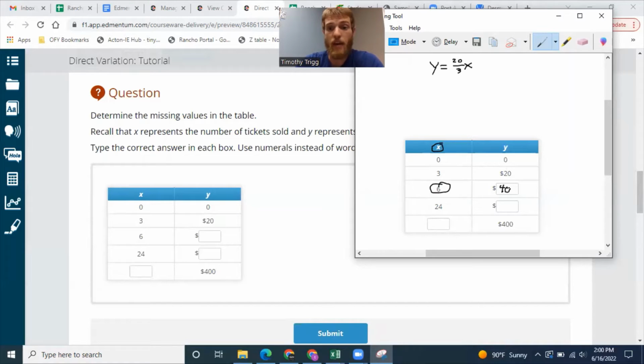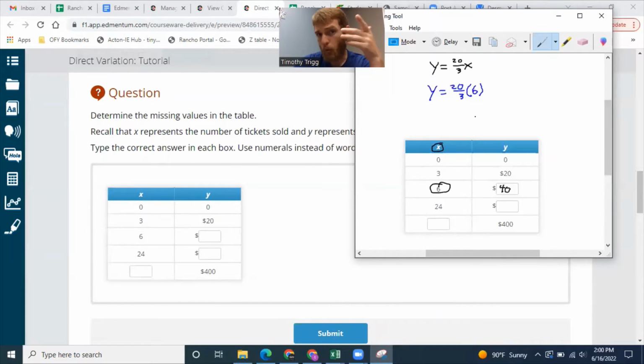And then it'll help us find the value of y. Now, we already know it's 40, but let's just plug it in, and that way we can see the algebra behind it. So we're going to substitute the value of x, 6. So that'll be y equals 20/3 times 6.